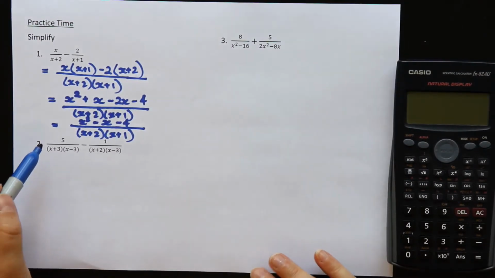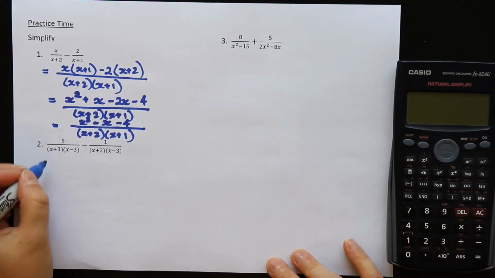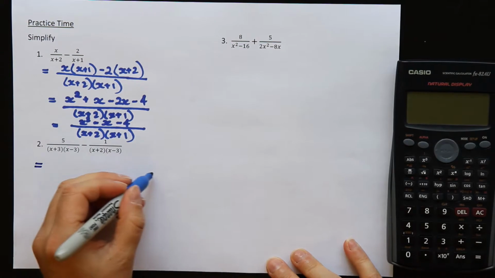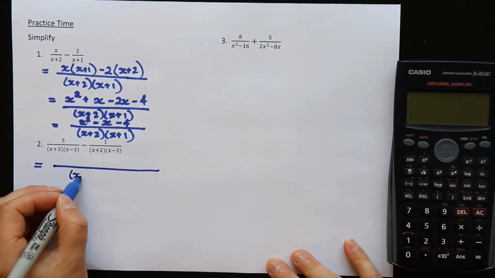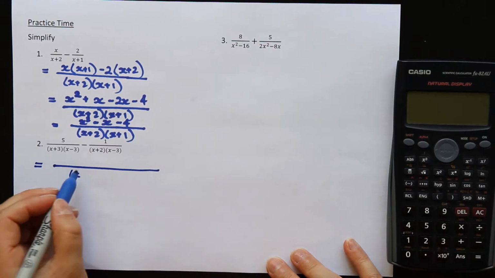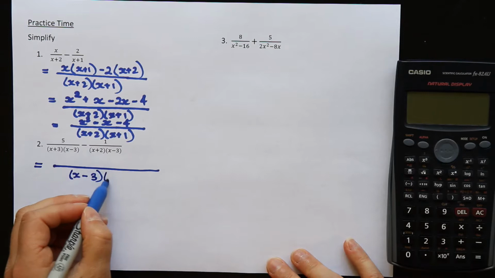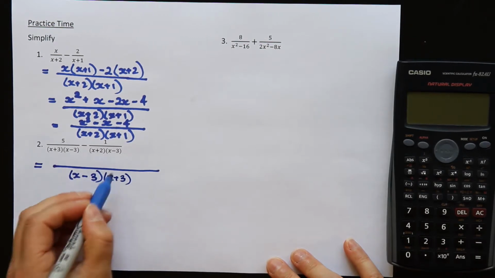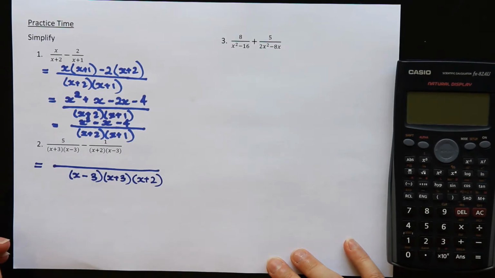Okay, in question 2 you have already got a factorised denominator. So we just need to find a common denominator. We have a common factor of x minus 3 in both of them. I have an x plus 3 in the first one and an x plus 2 in the second one.